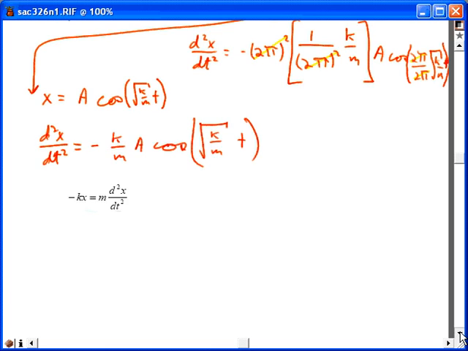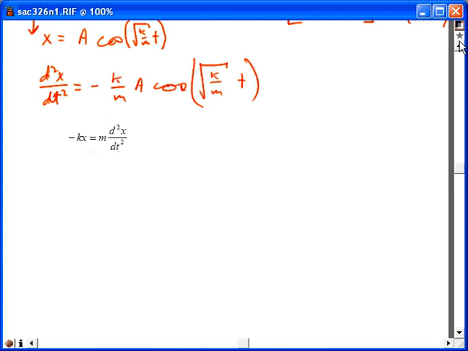Alrighty, let's do it. Where the x appears, I'm going to go ahead and write minus k times the x right there. That's a times the cosine of the square root of k over m times t.